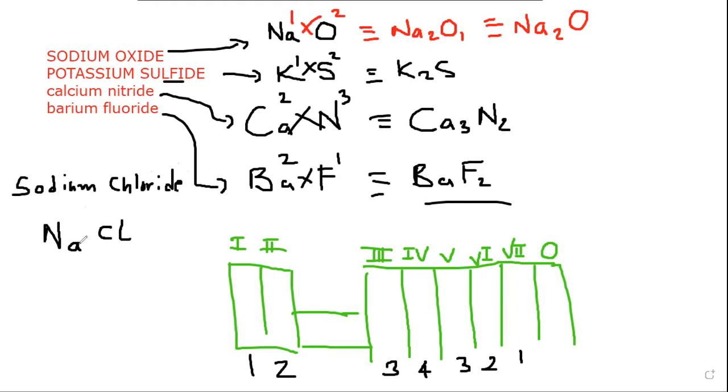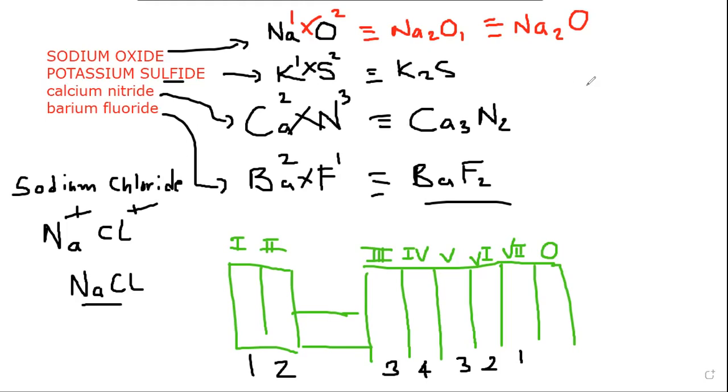The valence number of sodium is 1, and the valence number of chlorine is 1. In a situation where you have valence numbers that are equal, you just cancel them out. There is no need for you to interchange. Then you're going to have NaCl like that. So in a situation where you have the same valence number, feel free to cancel them out.